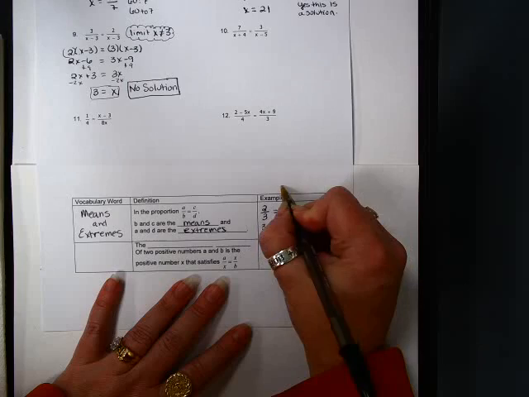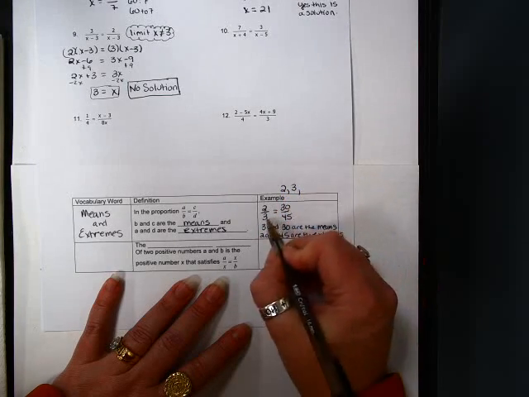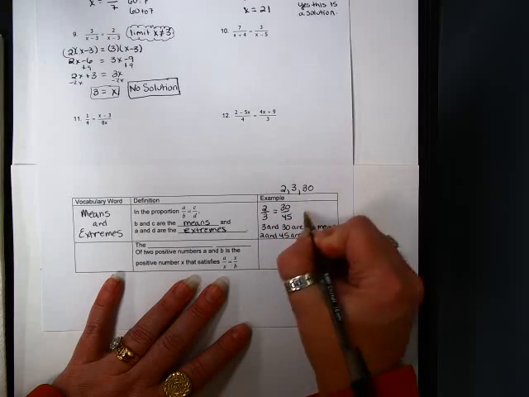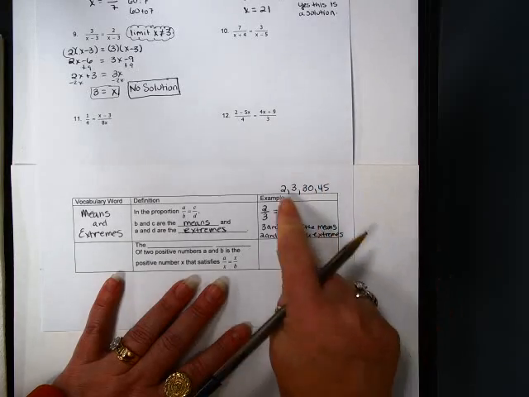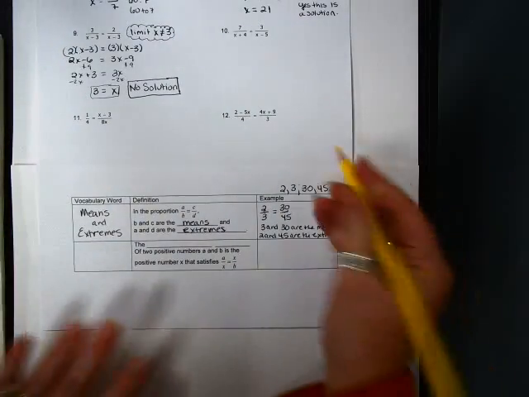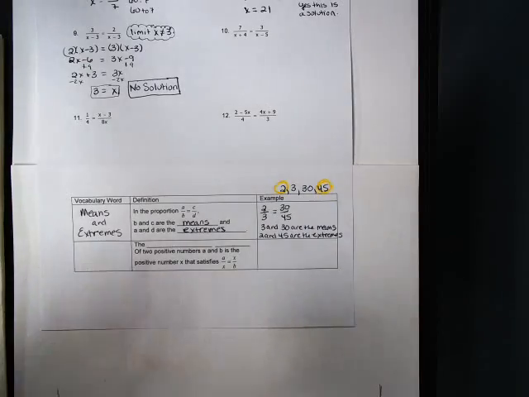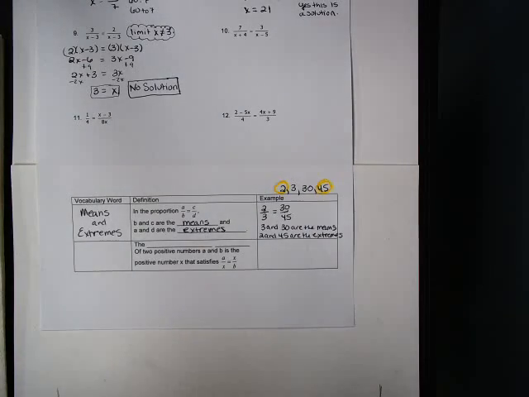Okay, take all of these numbers separately and just write them in order from least to greatest. The 2 is the smallest, so 2, comma, then you'll have a 3, and then you go to 30, and then you go to 45. If you take a look at the list of numbers, the two numbers on the end, 2 and 45, those are considered to be the extremes.